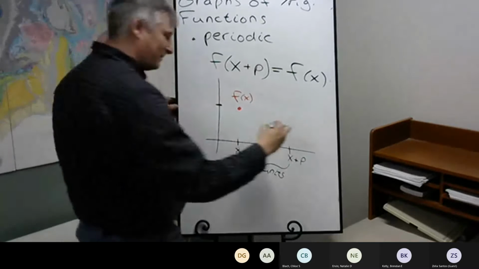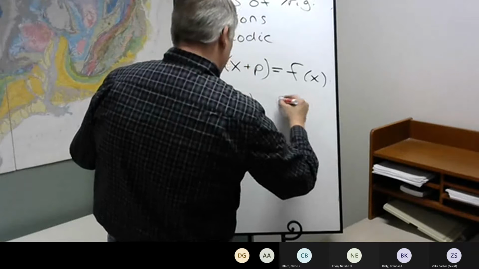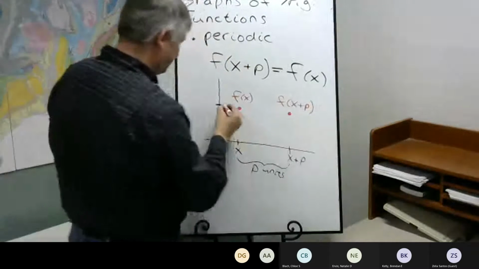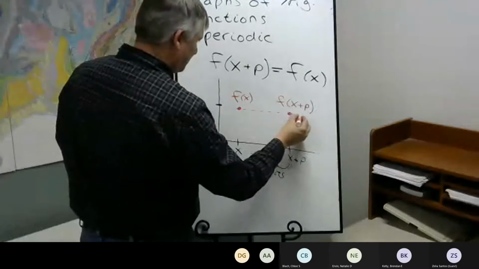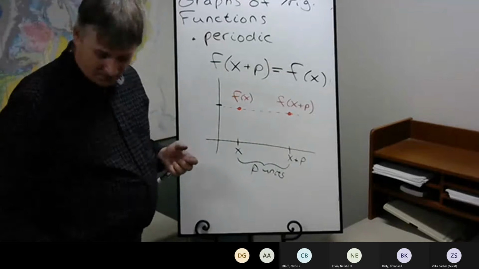So in other words, this is f of x, and likewise, this plus p, they're going to have the same y value.